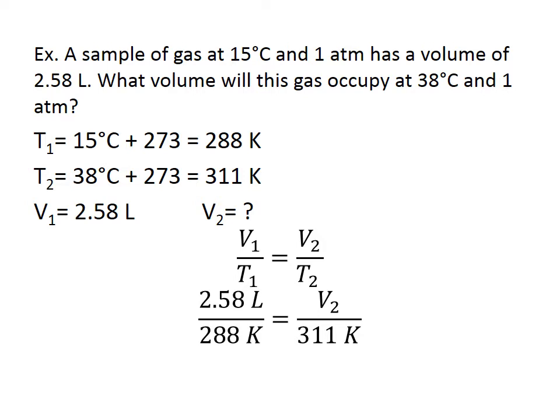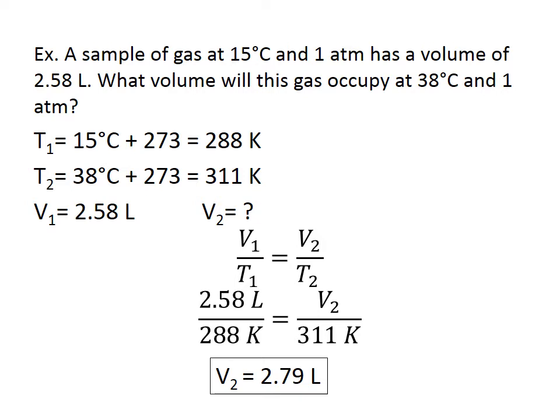So 2.58 times 311 divided by 288 gives us our V2, and we get a volume of 2.79 liters. So here we see that we increased the temperature from 15 to 38, and the volume also increased from 2.58 to 2.79.